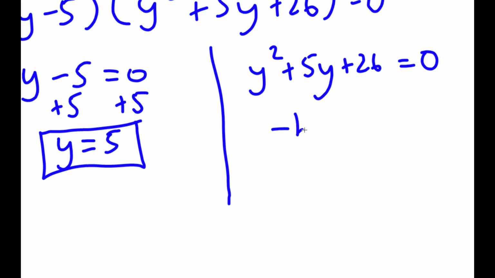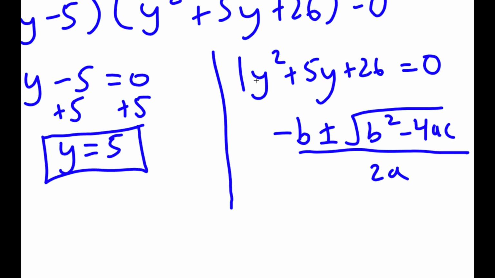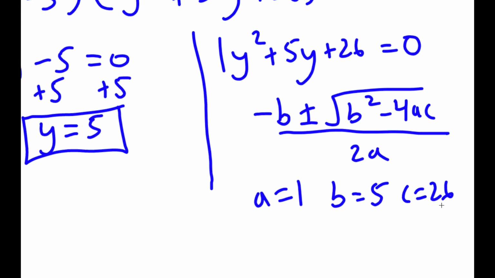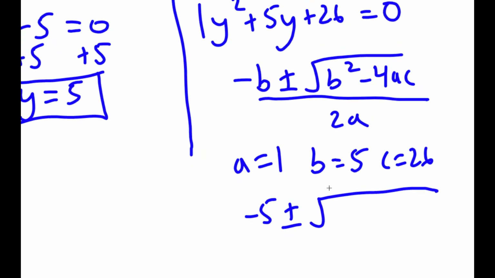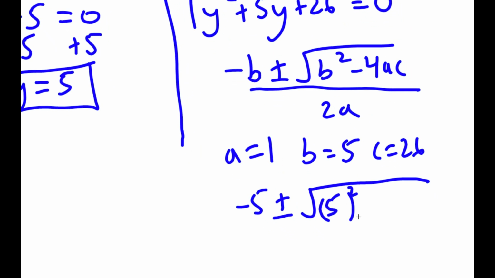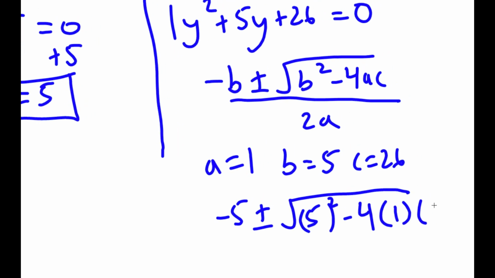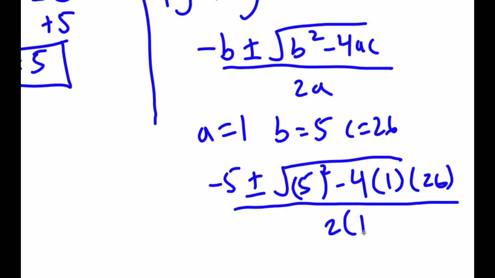So I have negative b plus or minus the square root of b squared minus 4ac over 2a. This is our quadratic formula. So in this case, we have a is equal to 1, b is equal to 5, and c is equal to 26. So now I have negative 5 plus or minus the square root of b squared, which is 5 squared, minus 4 times a, which is 1, times c, which is 26, and now I'm dividing this by 2 times a, which is 1.